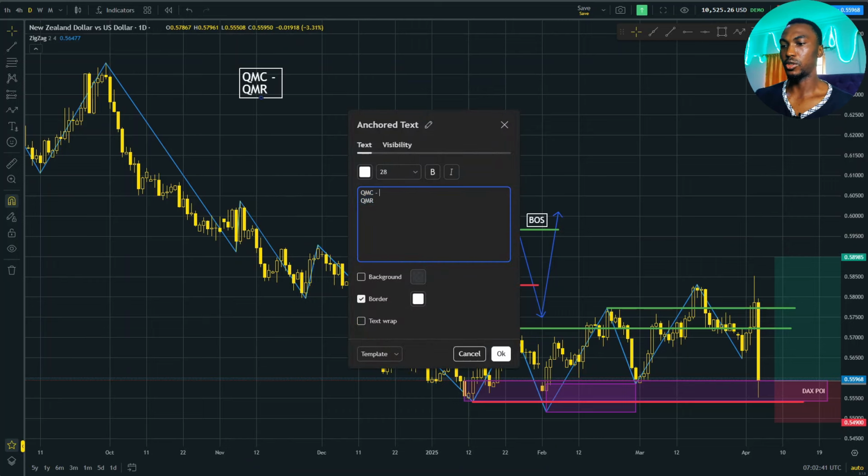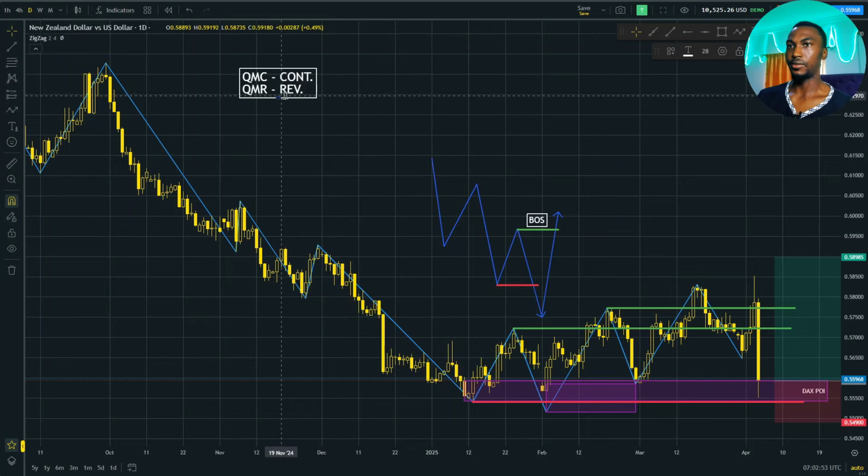So Quasimodo continuation and Quasimodo reversal. Let's just write it like this, so it's just under 3 words. So Quasimodo continuation and reversal, but this is how it happens. There's the reversal before the continuation.